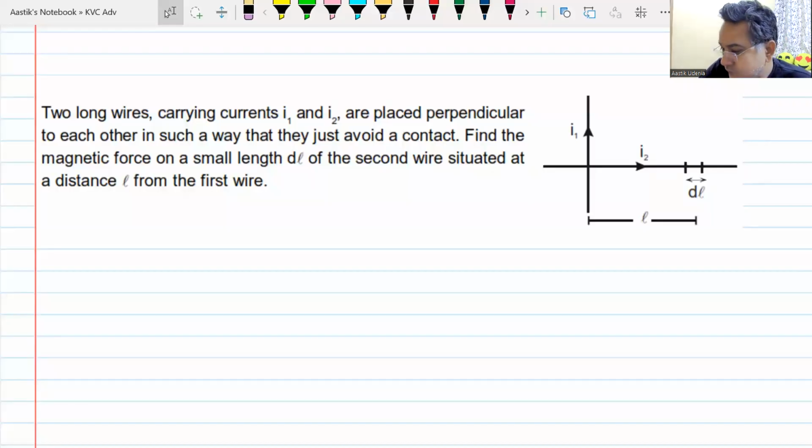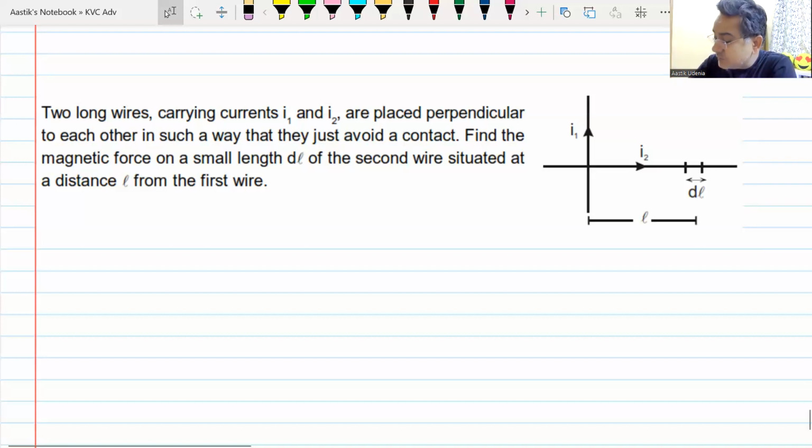The magnetic field is mu naught I1 by 2 pi L, and it is upward. You have to find the magnetic force on this wire of length dl carrying a current I2.